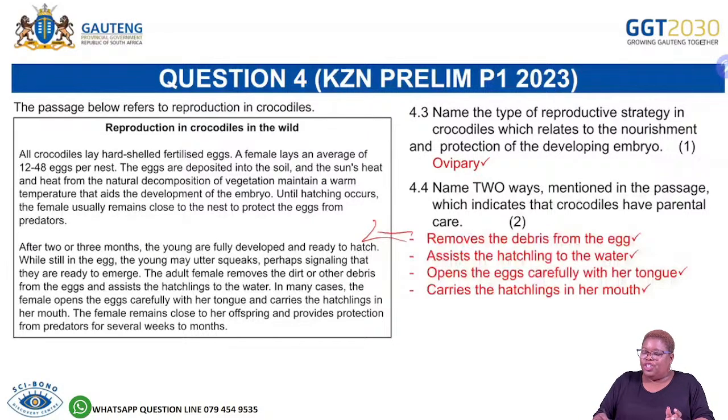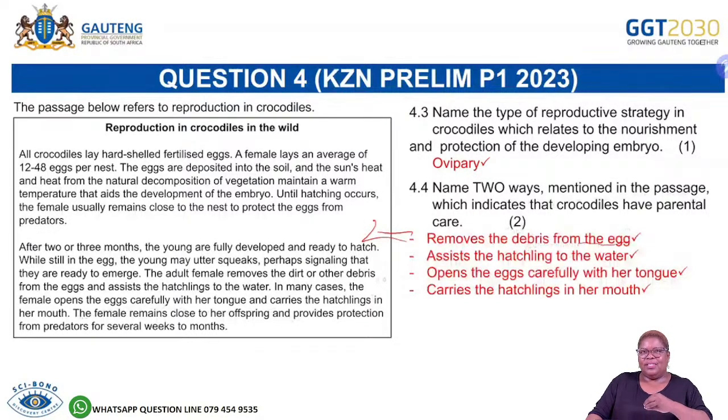So it refers to the passage, which indicates that crocodiles have parental care. It removes the debris from the egg. Remember, we've said it uses what? You go back, it opens the egg carefully with the tongue and even carries the hatchling. That parental care indicates that the young ones are protected.